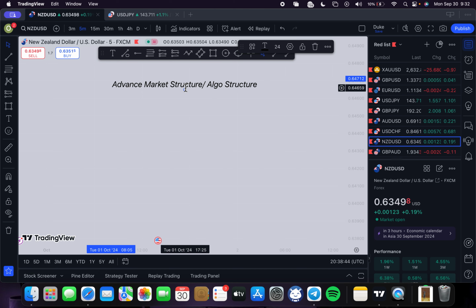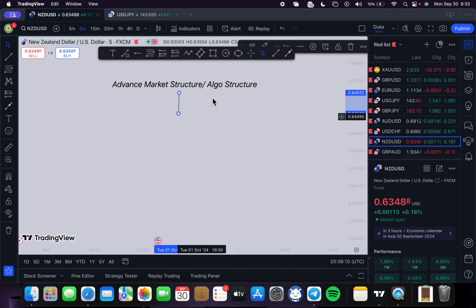So, first of all, you need to understand that in algo structure there are what we call the types of algo structure. We first of all have the swing structure, we have the substructure and the minor structure. Don't worry, I'll explain properly. Just note down.